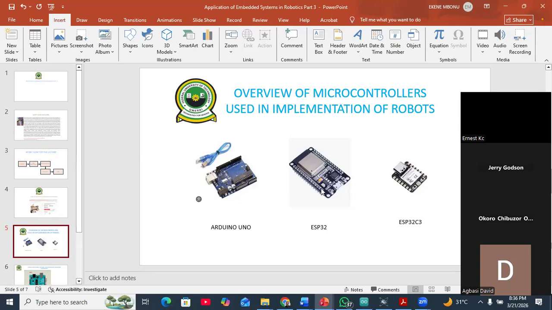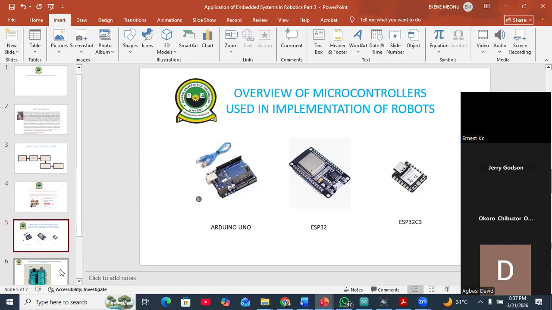This one is a bit bigger. All of them have different features. So you get to know the features they have and how to explore them depending on the project you are doing.